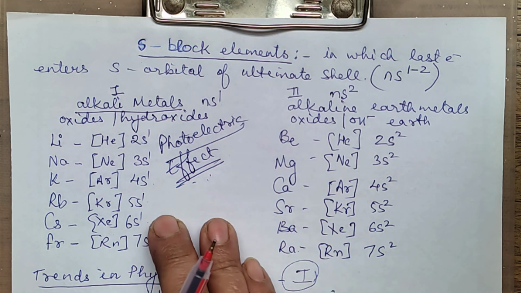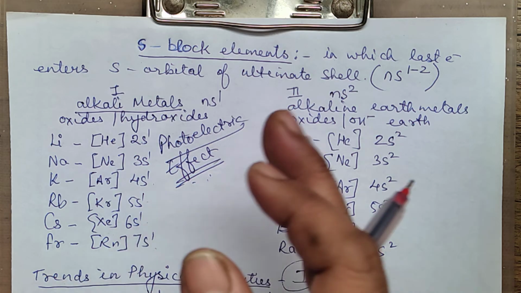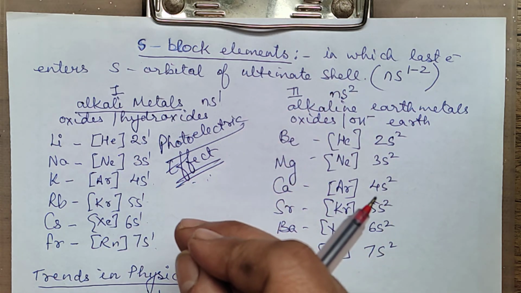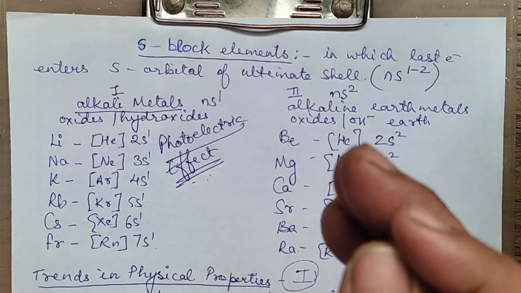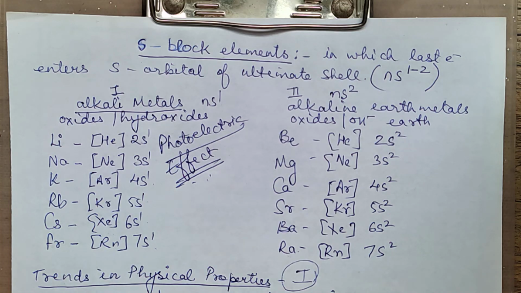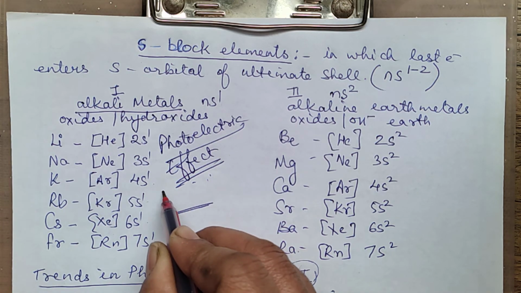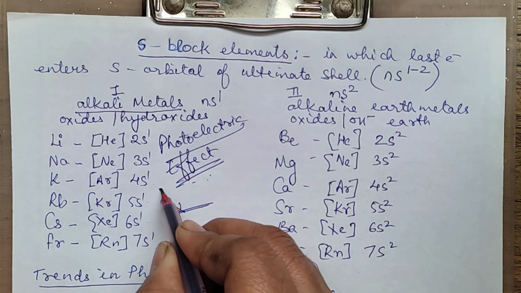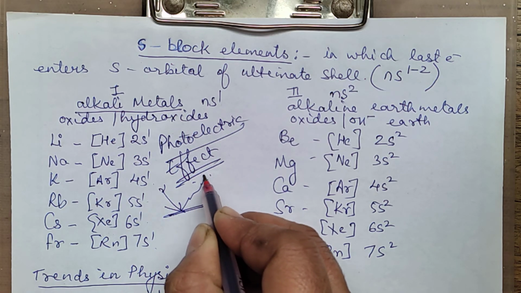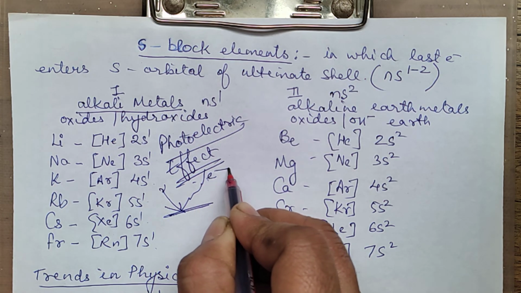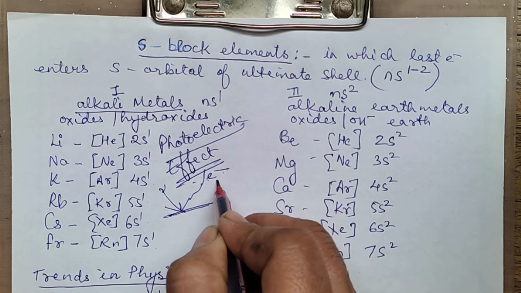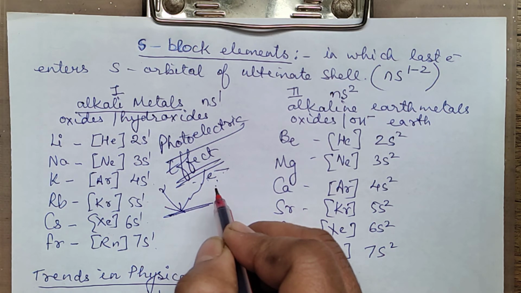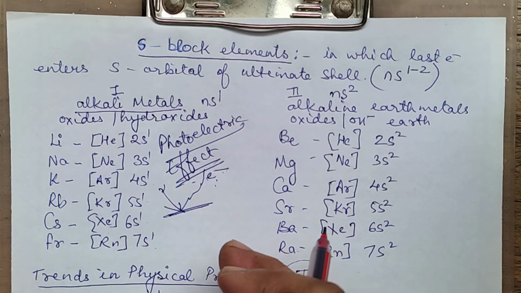It is the phenomenon of ejection of electrons when light, that is electromagnetic radiation, falls on the surface of a metal. Suppose you have the surface of a metal; light of a certain minimum frequency, when it falls, will emit electrons. Because their ionization energy is less, they have the tendency to show this effect.